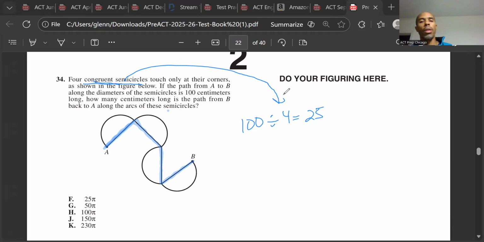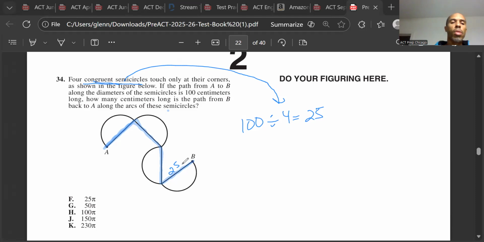Okay. Then it says, how many centimeters long is the path from B back to A along the arcs of these semicircles? So each one of these is 25, which is the diameter. Now the arc of the semicircles is related to the circumference.